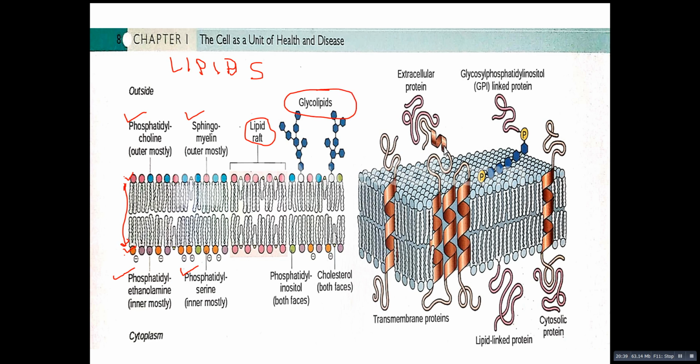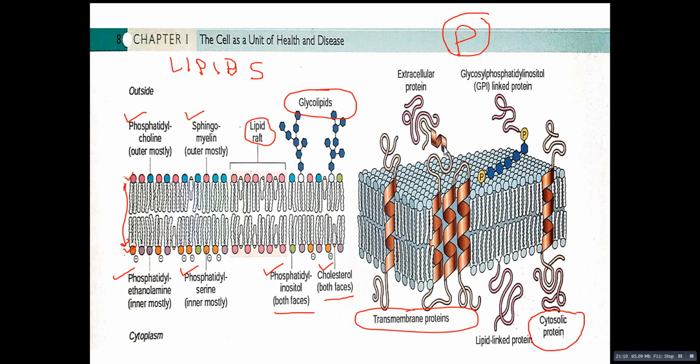Also, the plasma membrane is comprising of proteins, the most common of which are the transmembrane protein. Then we are having certain proteins towards the cytosolic end called cytosolic protein, and certain proteins on the outer end called GPI linked protein. And there are certain extracellular proteins and lipid link proteins.